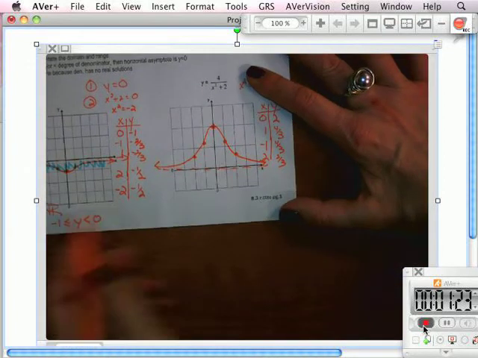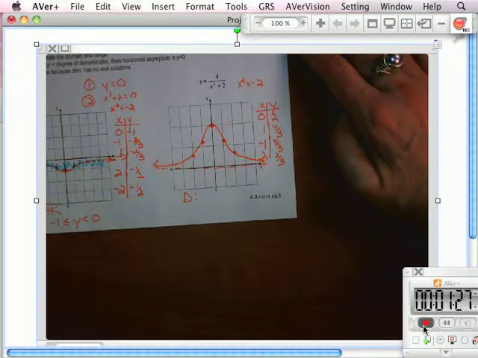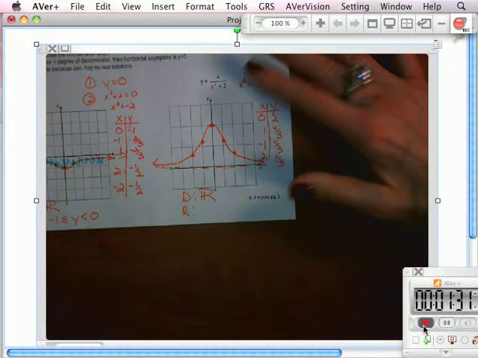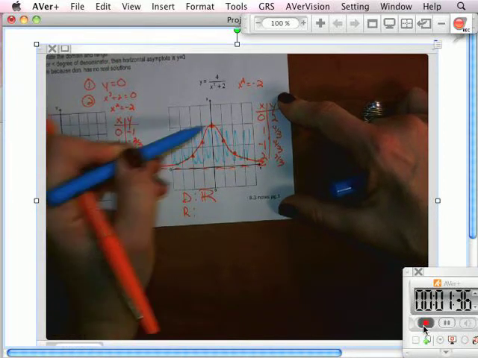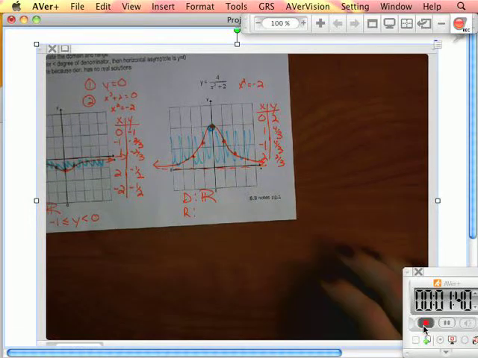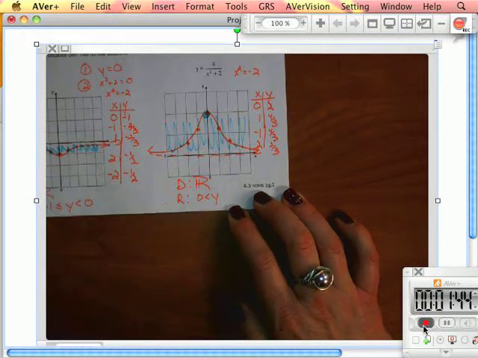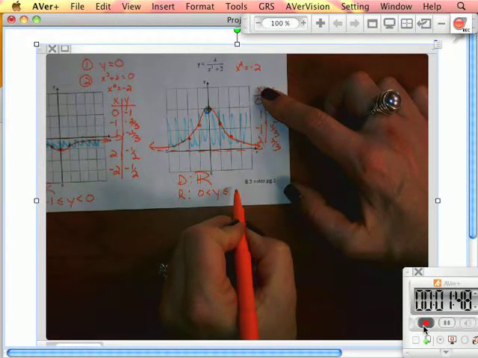Let's do the domain. What could x be in this graph? Anything. Let's look at the range. It's going to be between here and here, isn't it? And it's going to include that. So the range is going to be greater than 0, but less than or equal to what? 2.